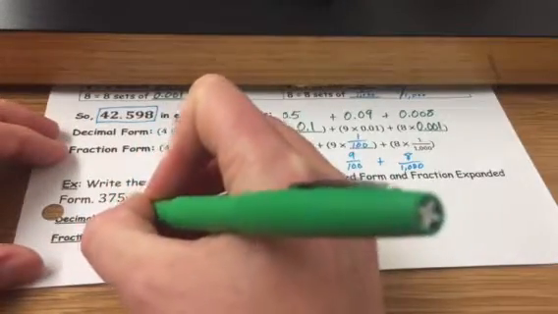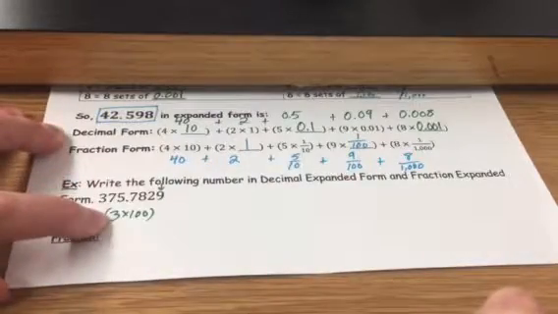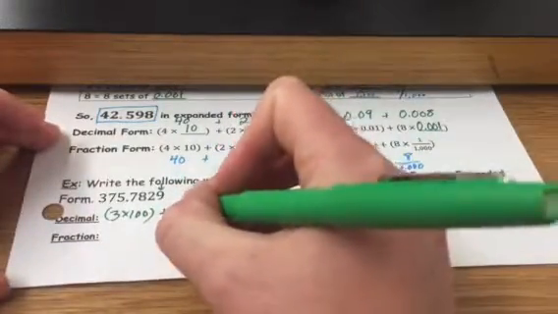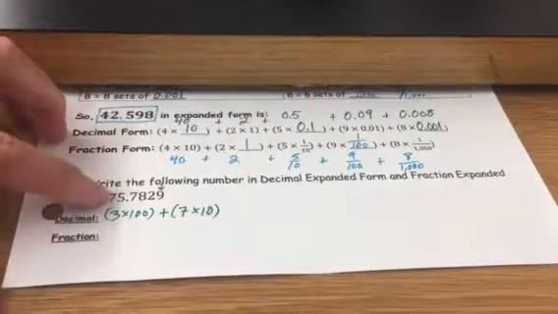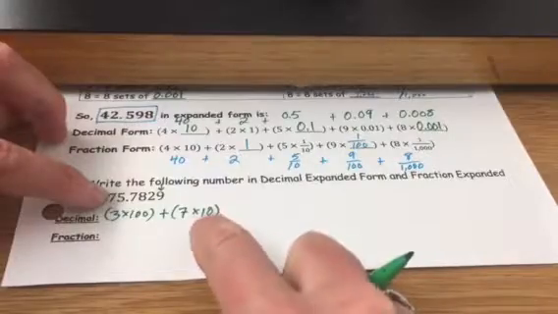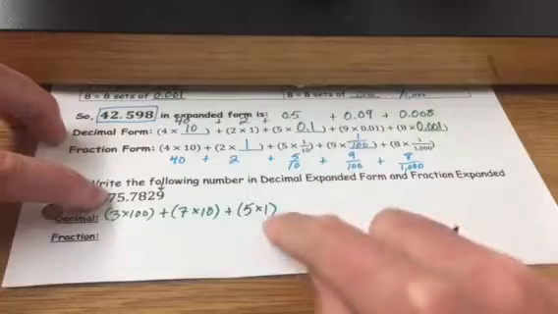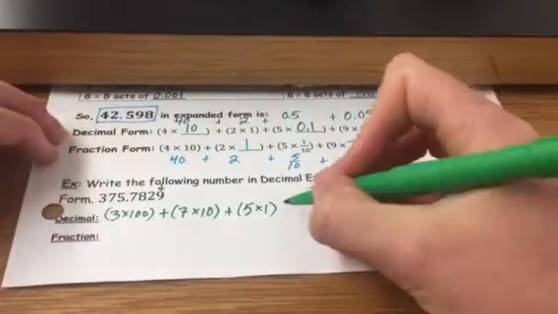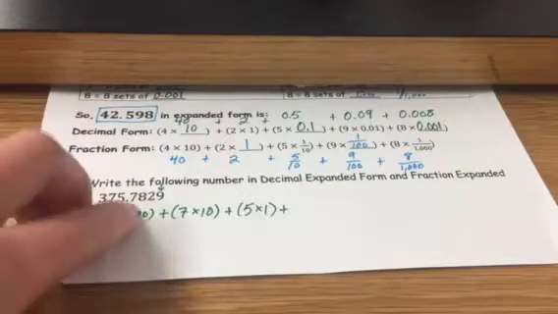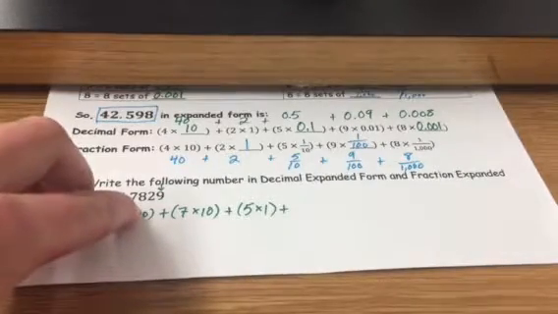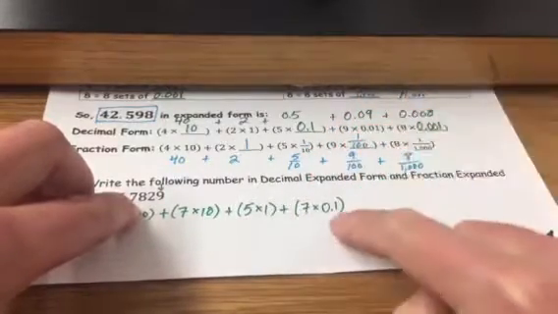So we've got 3 times 100, because the 3 is in the hundreds place value, plus 7 times 10, because that's the 7 in the tens place value, plus 5, that's sitting in the ones place value. Okay, and this is the new piece of information. The 7 is sitting in the tenths place value, so we are going to add 7 times 1/10.